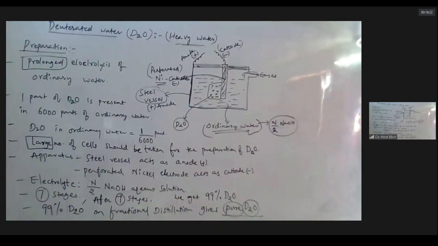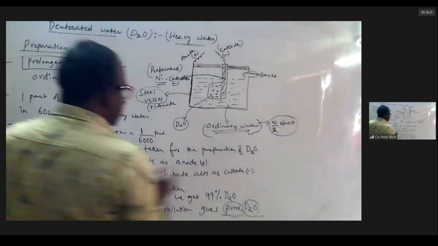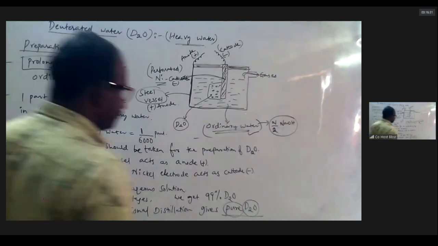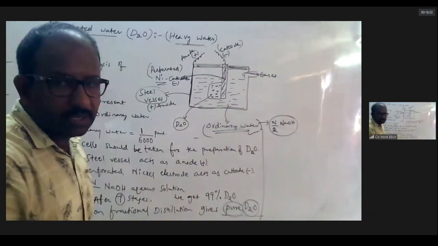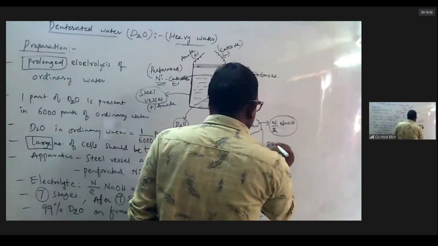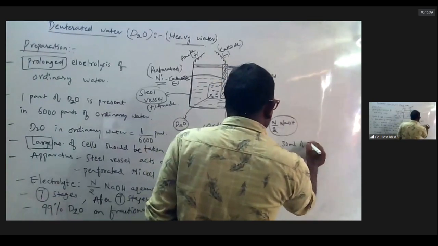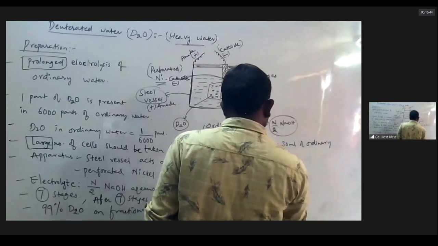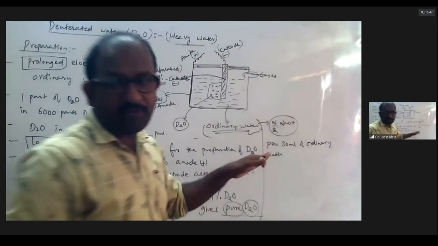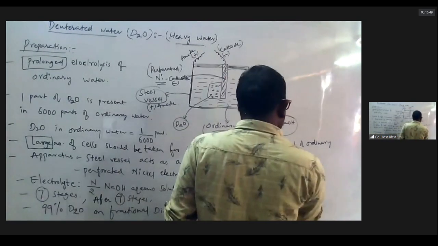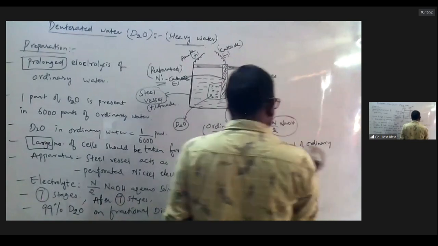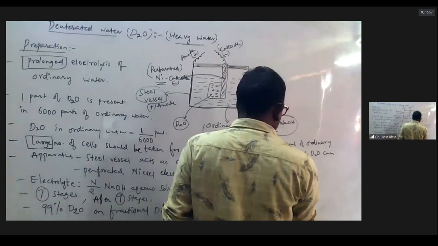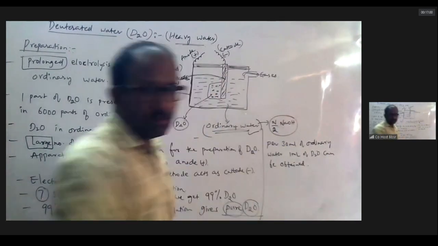So finally, for 30 ml of ordinary water, 1 ml of D2O will be obtained in this prolonged electrolysis.